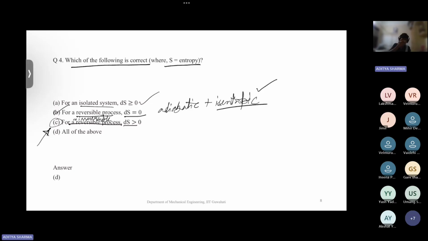Otherwise, if in your option C you take an irreversible process, in that case your D option would have been correct. Okay, but that doesn't matter. What matters is that we should be clear about this question, right? And about entropy.